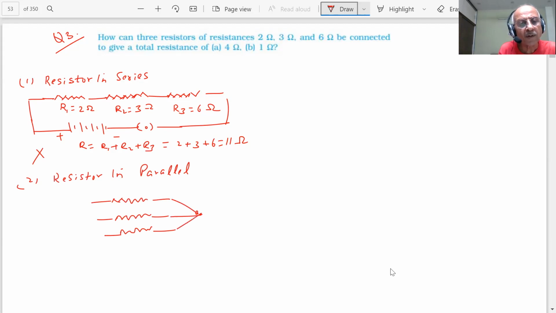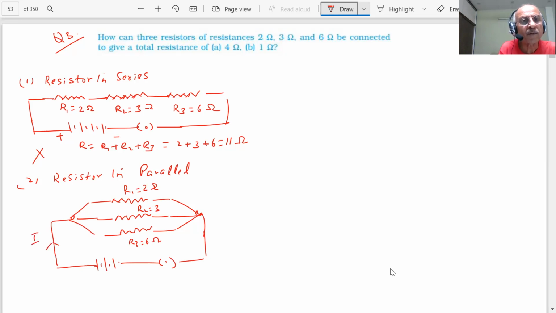R1 is 2 ohms, R2 is 3, R3 is 6 ohms. Parallel combination. What is the result of that? What will happen? The current is flowing. So what will be the effective resistance here?